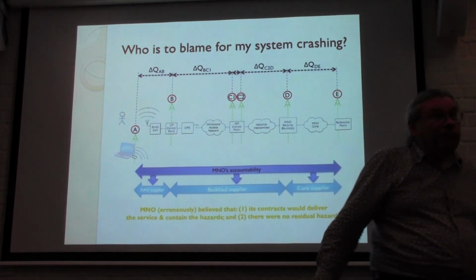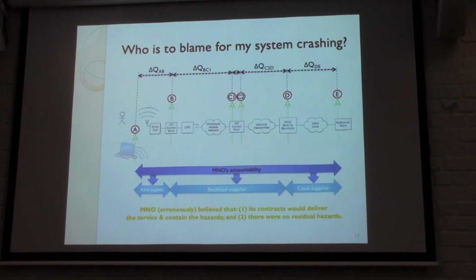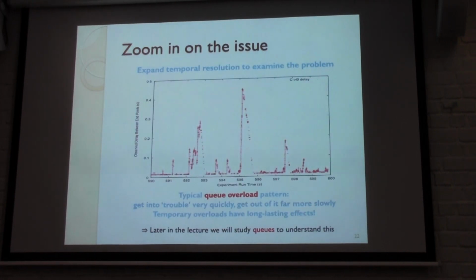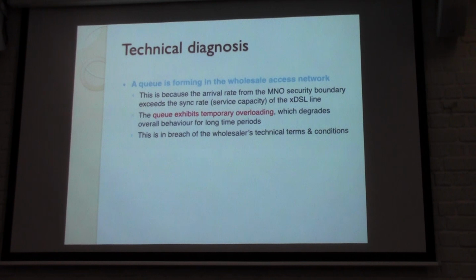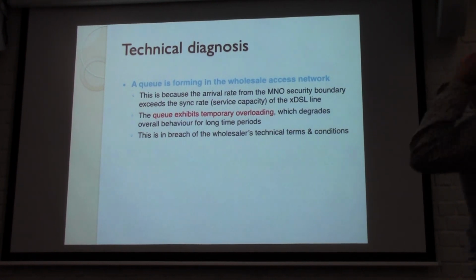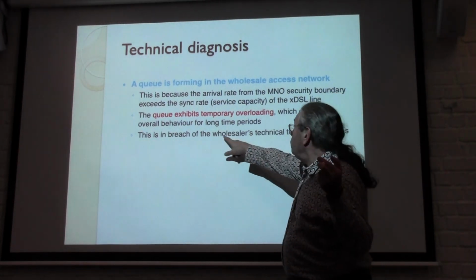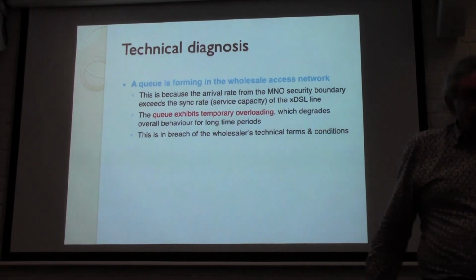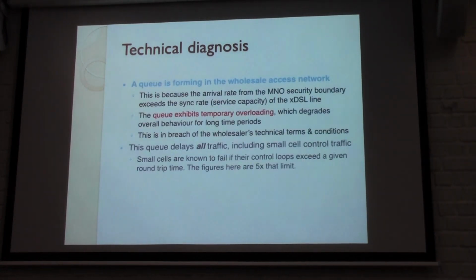But still they're not infringing on their contract. Why not? Well, we'll see why not. The wholesale access network is actually doing the work. Now it is in breach, but it is not infringing the contract. I'll explain why.